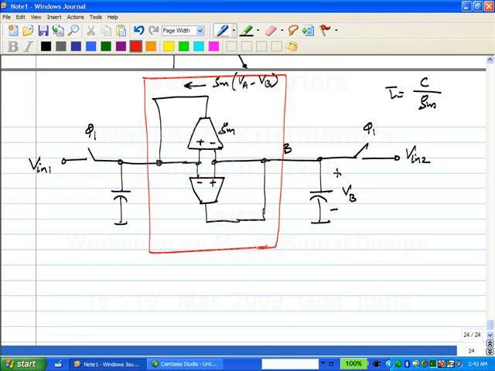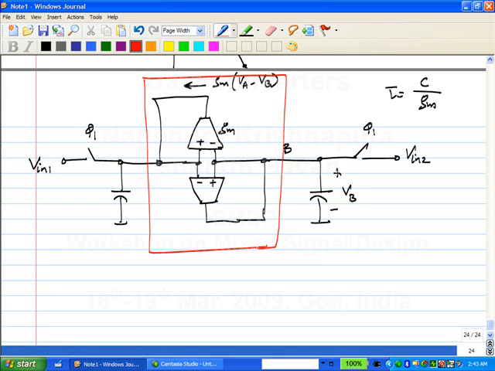Yes, so the aim of that stuff drawn in the red box is to figure out which of them is greater after they've been sampled. Correct? So when phi 1 is high, the sampling phase is going on. Correct? During that time, you do not need this mechanism to be turned on. Does that make sense at all? Correct? You understand?